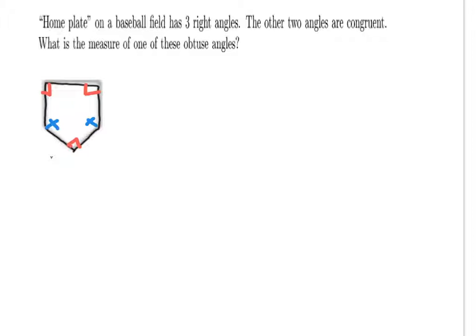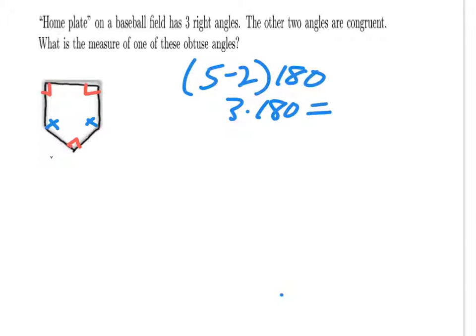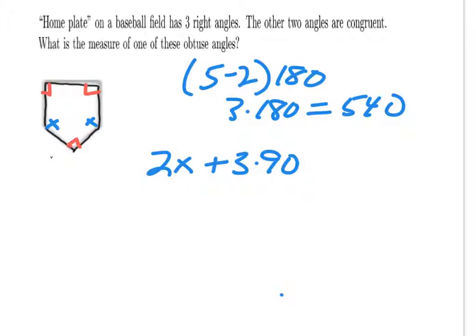You know the sum of the interior angles of a pentagon is 5 minus 2 times 180, which would be 3 times 180, or 540. So that's my sum of the interior angles. Now I have to use a little algebra. I have 2 times x plus 3 times 90 equals 540.